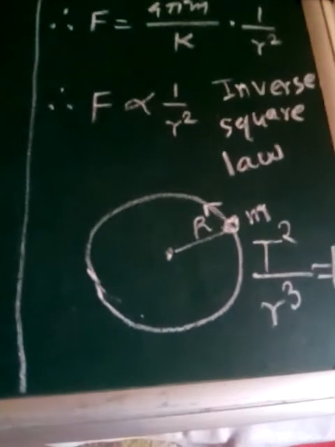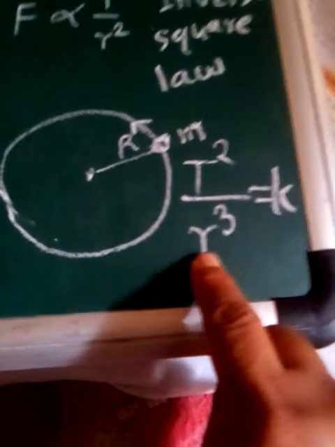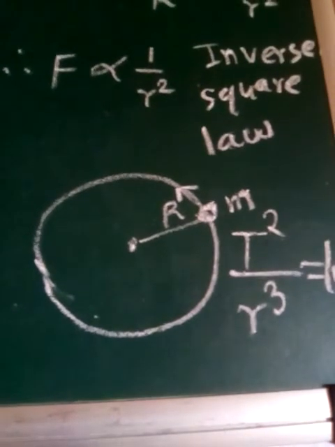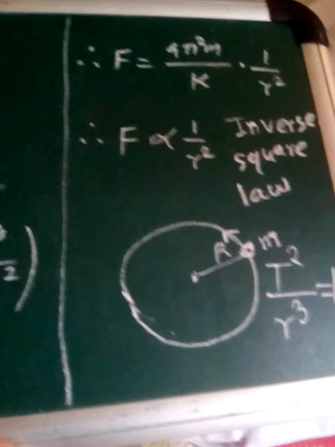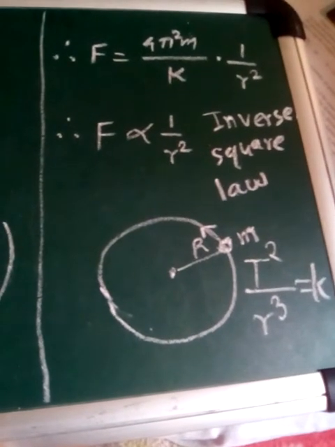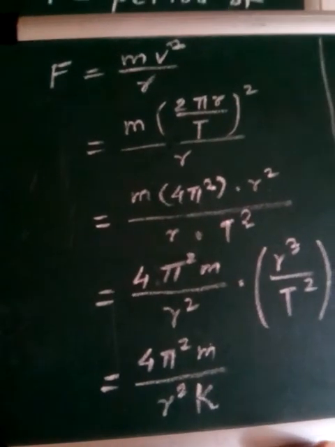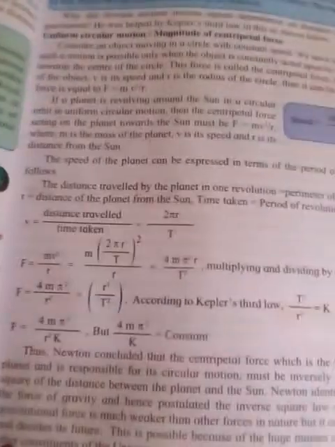This inverse square law can be derived from Kepler's third law, T square upon r cube equal to k, and this derivation of the inverse square law is there in Newton's law of gravitation: the force of gravitation is inversely proportional to the square of the distance between two bodies. This can be derived from Kepler's third law, and here they have tried to give it, but something is missing.